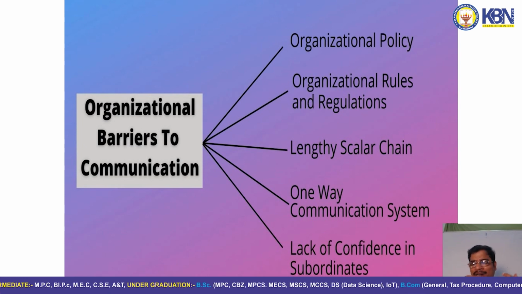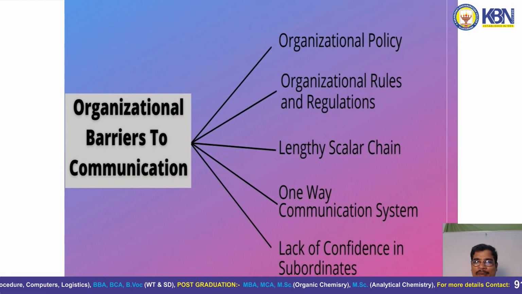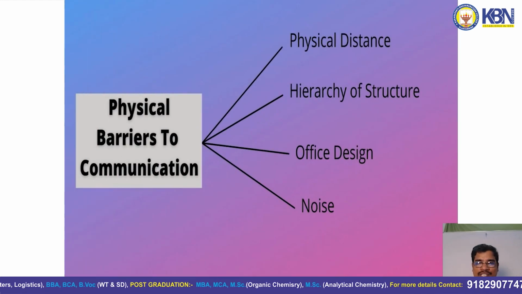Why am I not allowing my subordinates to communicate with me? Because I don't have confidence. I am not believing my employees. That is why I am not allowing them to discuss the ongoing topic. So those are organizational barriers.